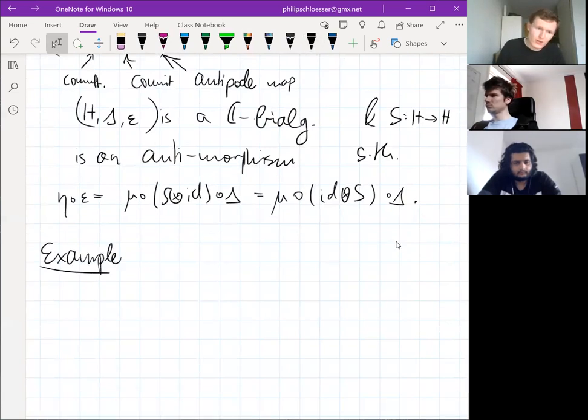What are examples of this? Well, we could look at how we can make the things we've considered before into Hopf algebras.